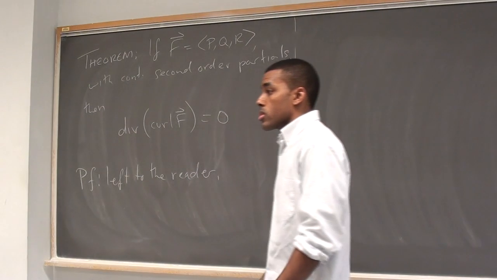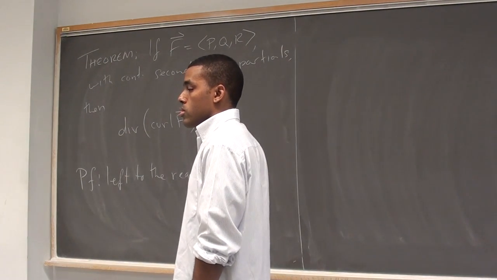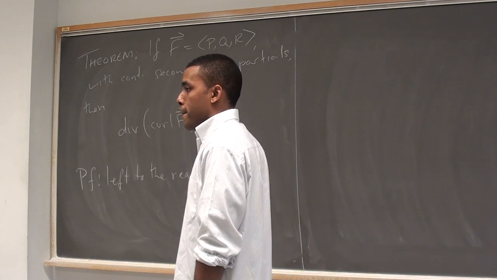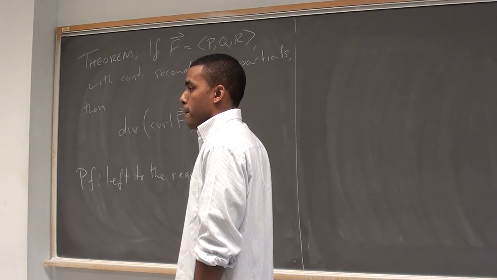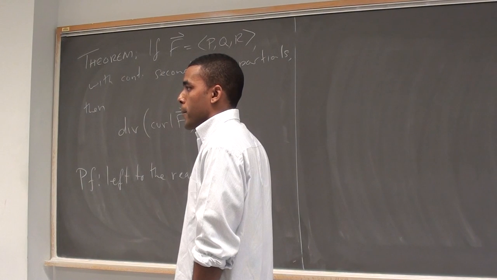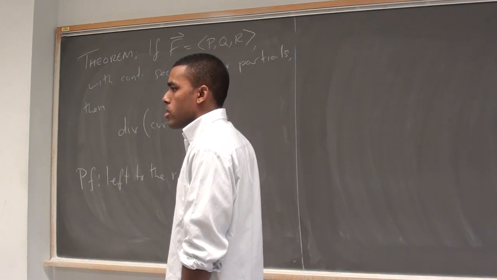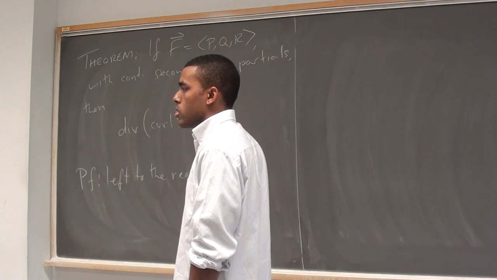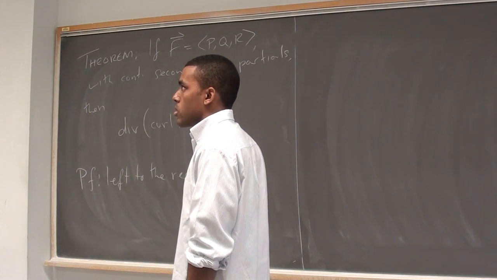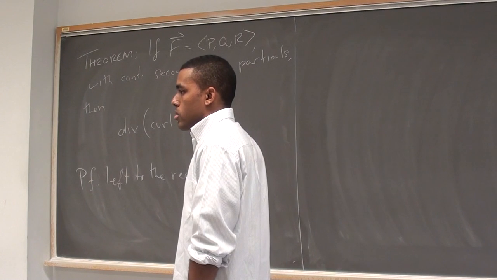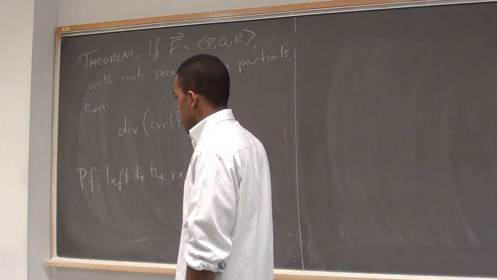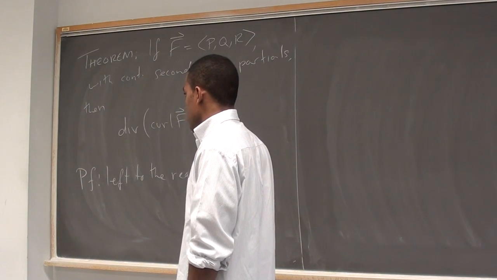I'm thinking about when you learned the dot product of A dot A cross B. We learned that that was equal to 0. Is there any analogy, like del dot del cross F being equal to something like that?